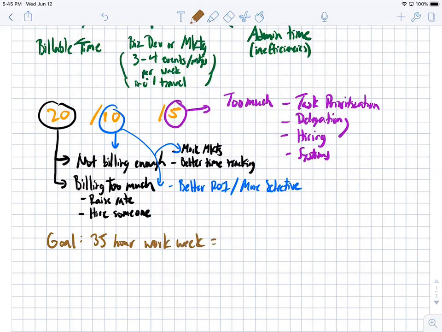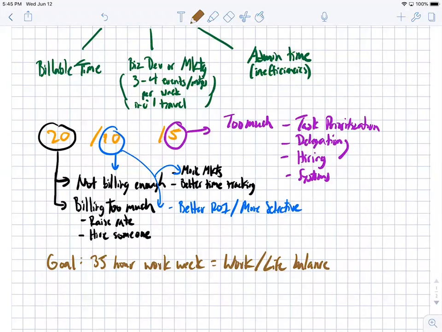And that equals work-life balance. So we get those numbers dialed in. They should be able to have a practice that's growing steadily, where they have good work-life balance, and it's running fairly smoothly. That's the value of getting these three numbers totally dialed in.